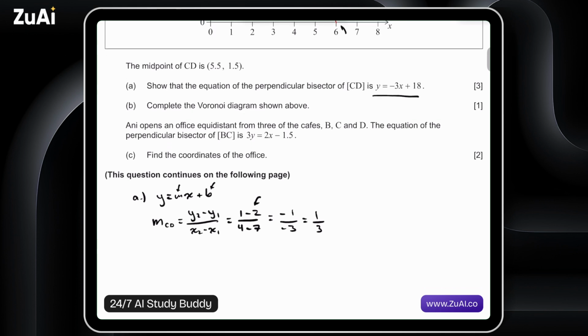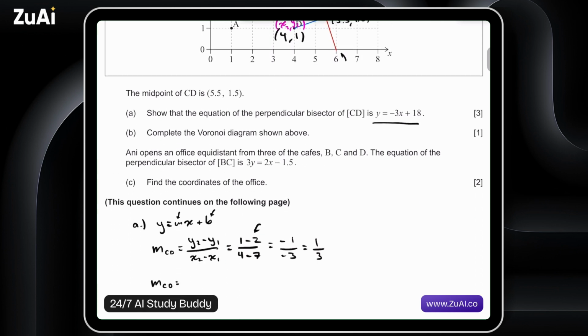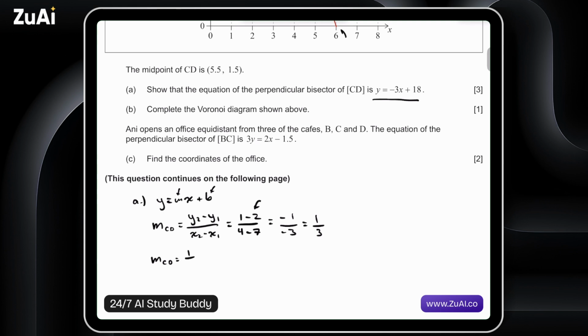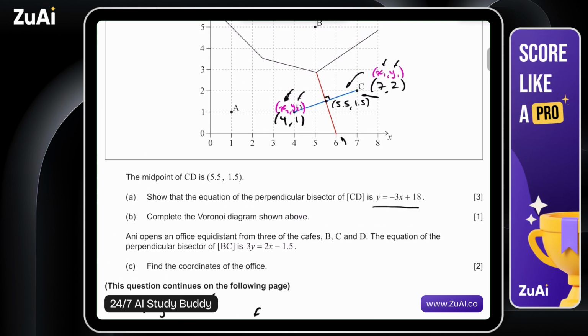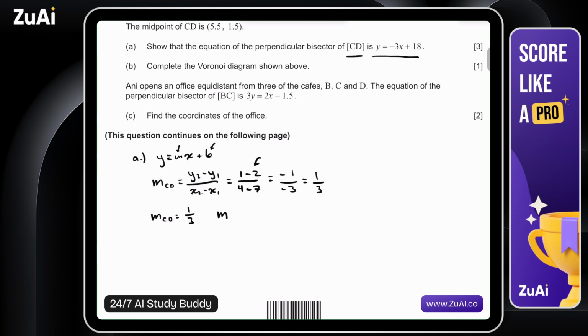Alright, so we know that m of CD, the slope of this line segment right here that connects C and D, is equal to 1/3, and we're looking for the slope of this line right here, the perpendicular bisector to CD. We know it's going to be perpendicular.